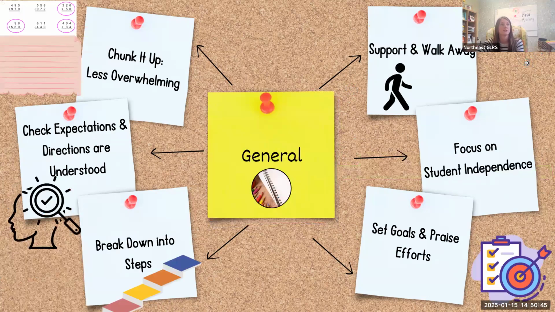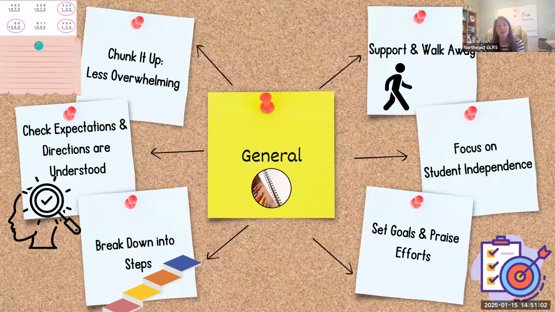Now, these are instructional strategies that can be applied in general overall settings. So, chunking it up. You see my example here. We've got a page here of, I think, 12 problems.